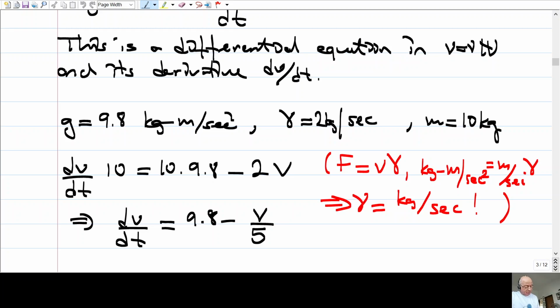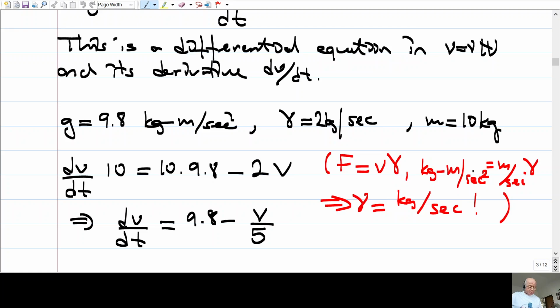First, let me start correcting a mistake I made yesterday. While we are finding the unit of the drag coefficient gamma, we have to use this formula, right? F is equal to velocity times gamma.